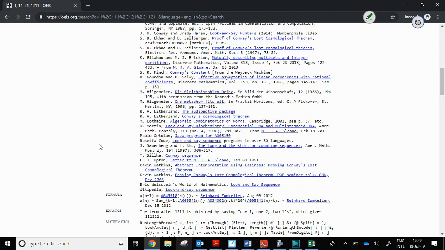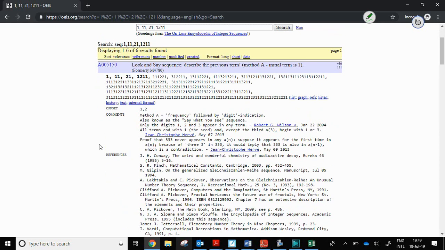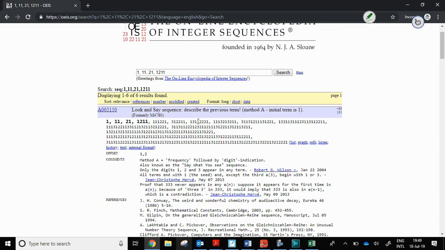Now there are going to be other sequences down below that also start with those same numbers. So obviously, the more terms you can put in, the more precise of an answer you'll get out. But in this particular instance, I was thinking of certainly this one.